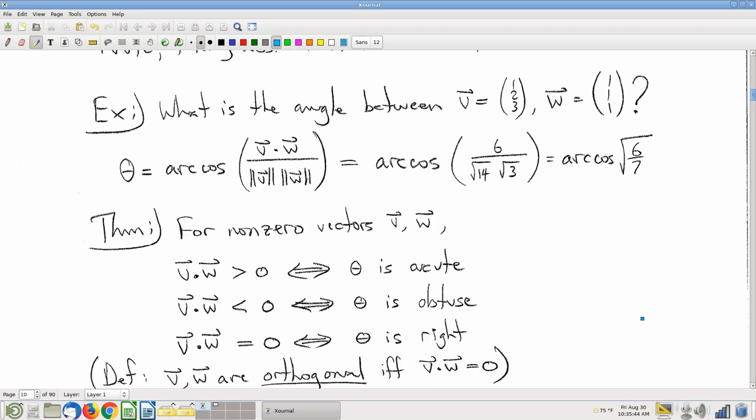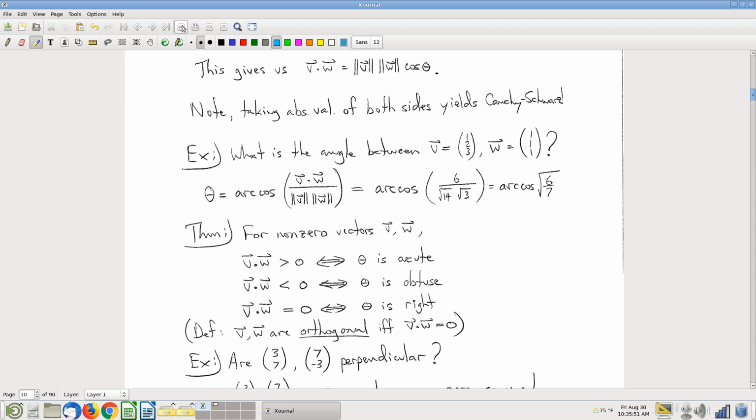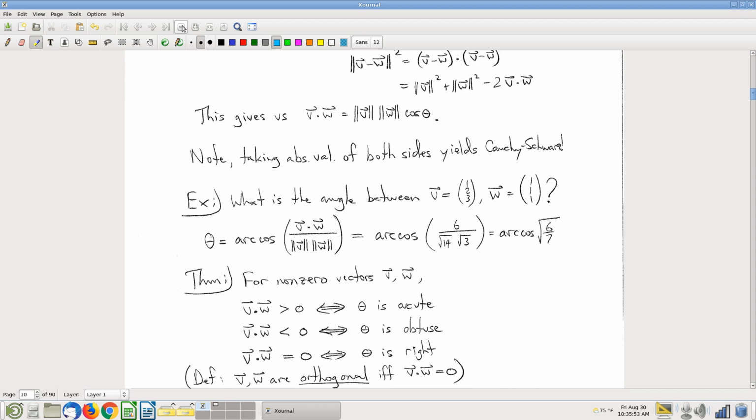Okay, related and sort of an immediate consequence. Let me zoom out a notch. This formula. Think through what happens if you have non-zero vectors, so neither of these is zero.